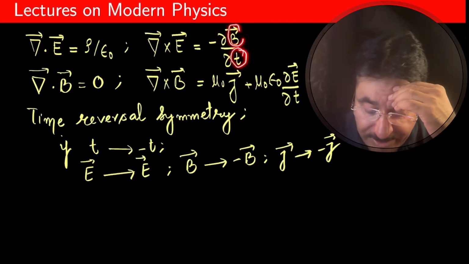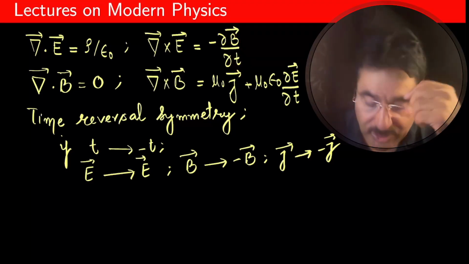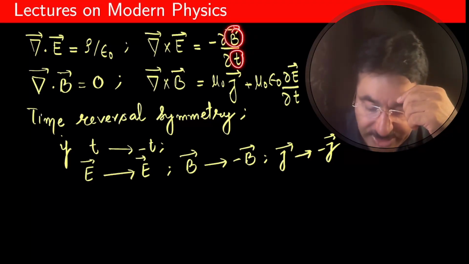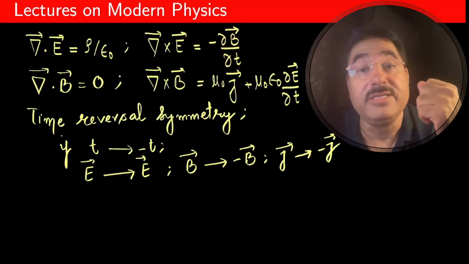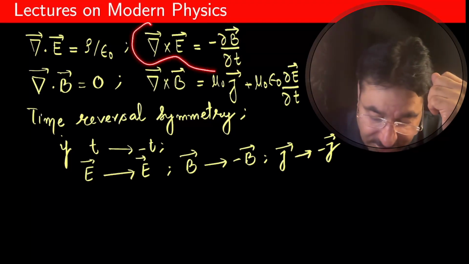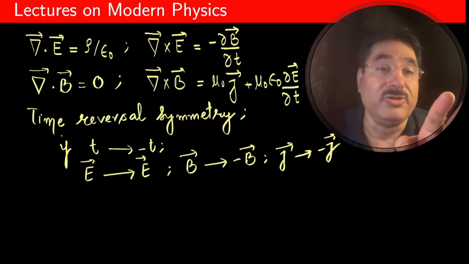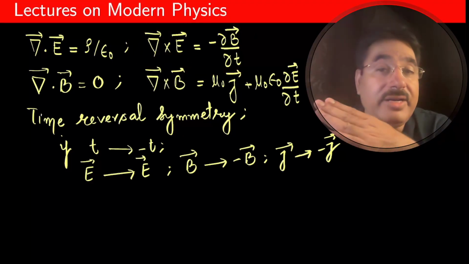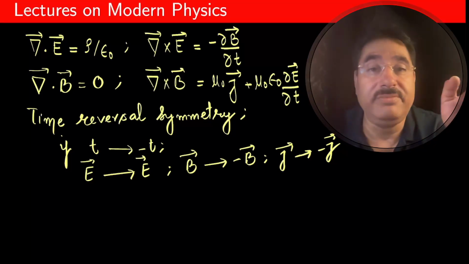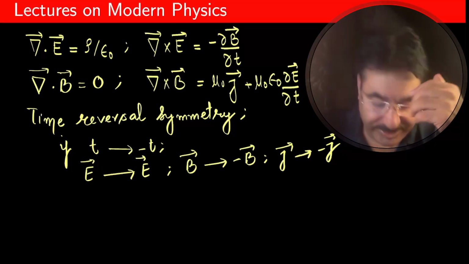The sign flipping in B and the flipping in t will result in no flip, because B changes sign and t also changes sign, so that minus sign will cancel. Therefore, this equation will still remain the same even if you reverse the time. So the second equation is also symmetric under time reversal. If you reverse time, there is no effect on the second equation.